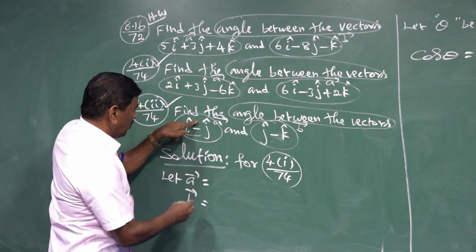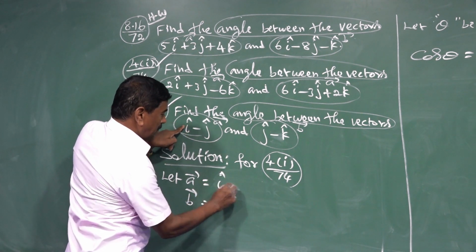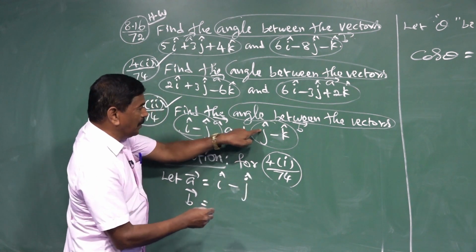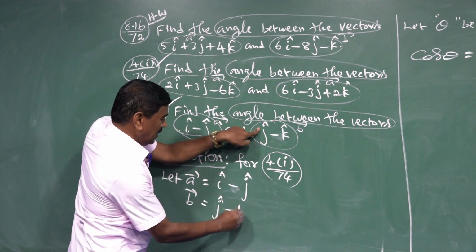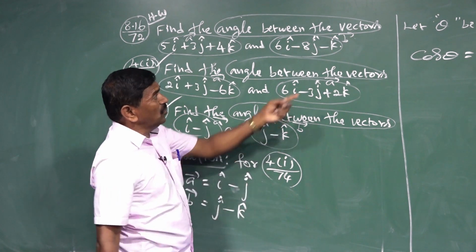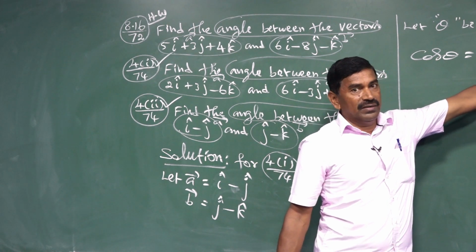Okay. Let A vector be equal to I cap minus J cap. Let B vector be equal to J cap minus K cap. Now, as usual, let theta be the angle between A vector and B vector.